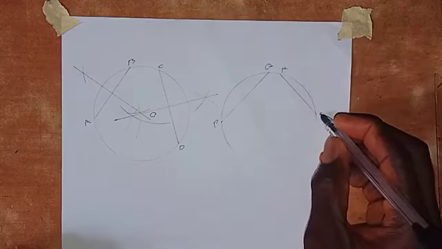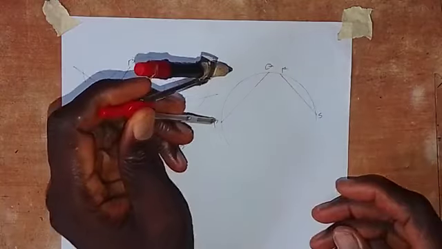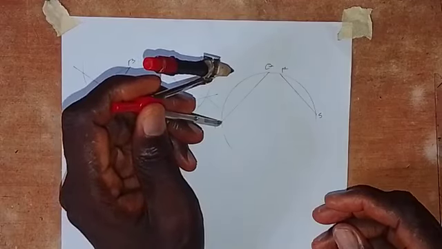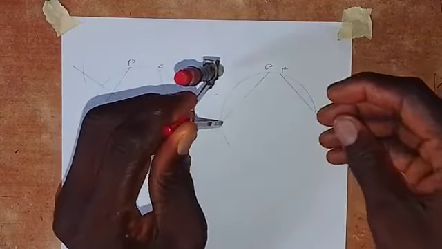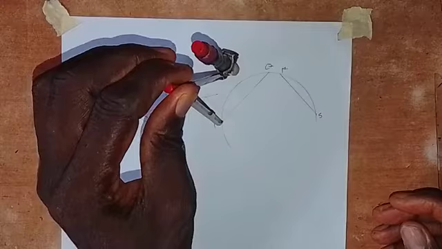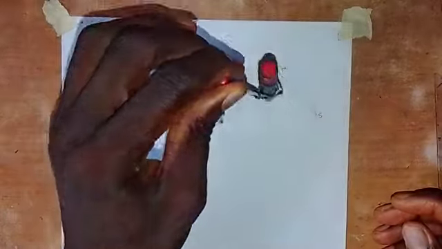So now, let's bisect chord PQ. We put the pin of the compass at point P on the circumference of the circle. Extend the pen point to a convenient radius more than half of PQ. So we draw an arc like this, and then draw an arc to this side.